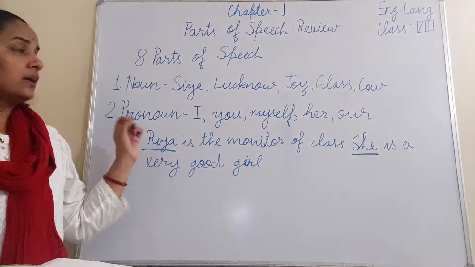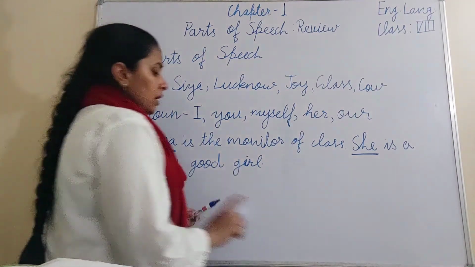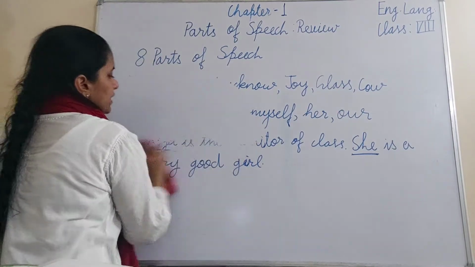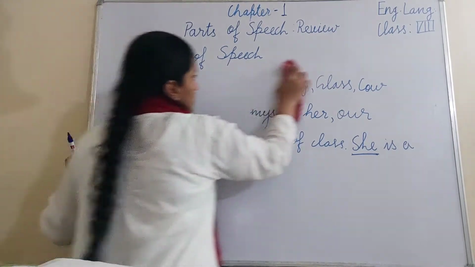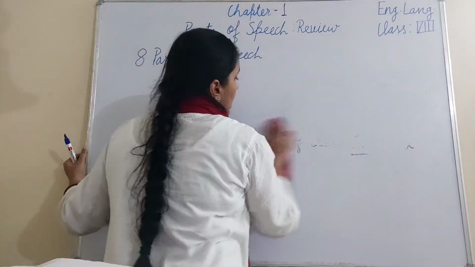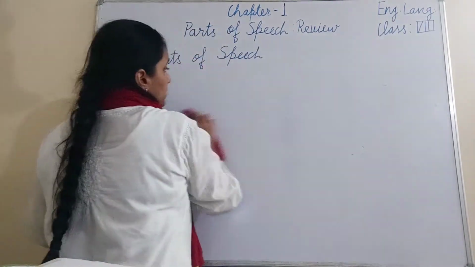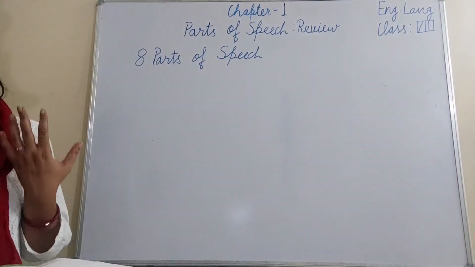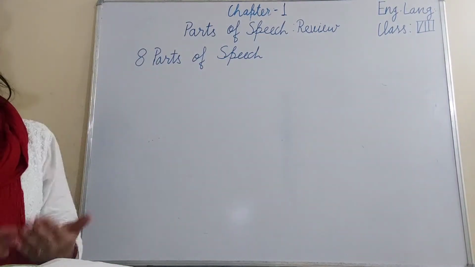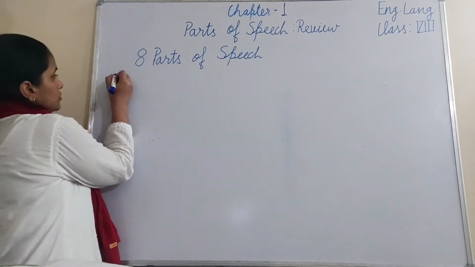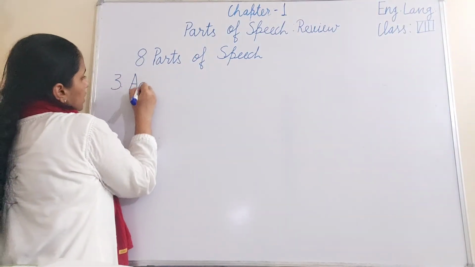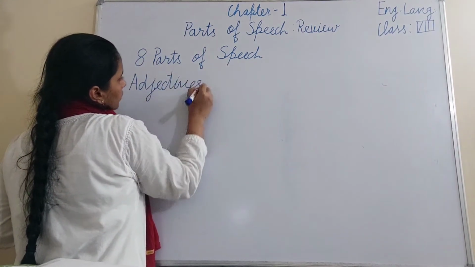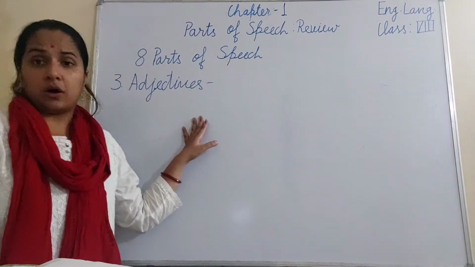The next part of speech is adjective. All of you must be aware of the adjectives. What are the adjectives? The adjectives are the words which modify or describe or say more about the noun or the pronoun, which tell you about some of the qualities of noun or pronoun.